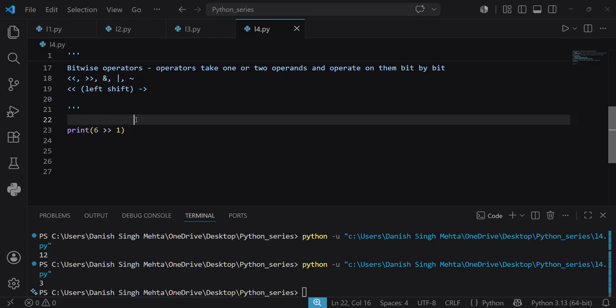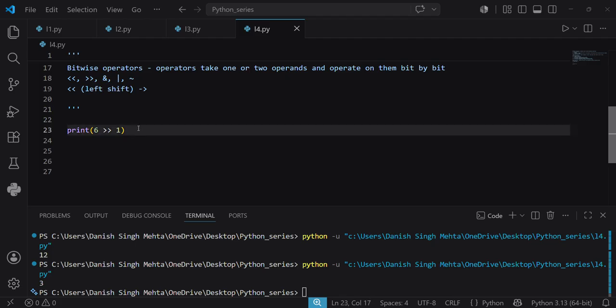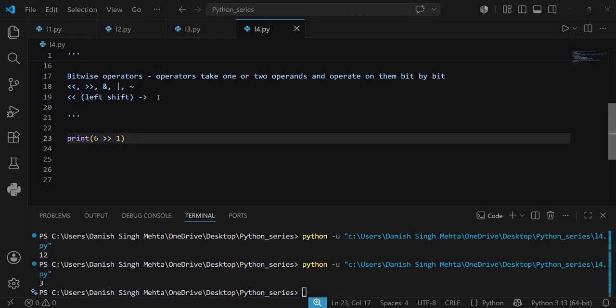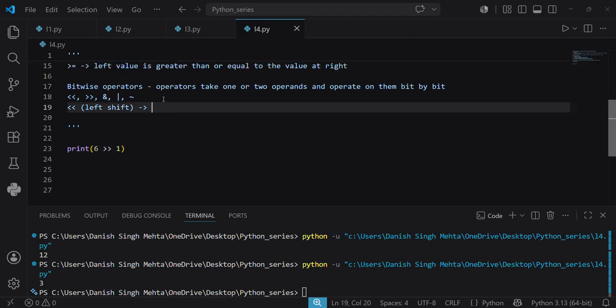And there is also a short method. For the shift operations, there is actually a formula from which you can calculate the value.